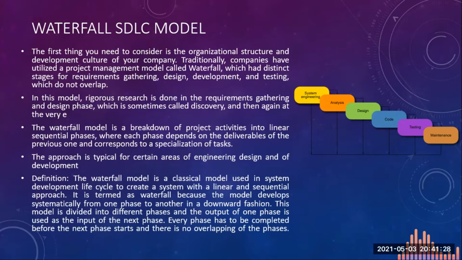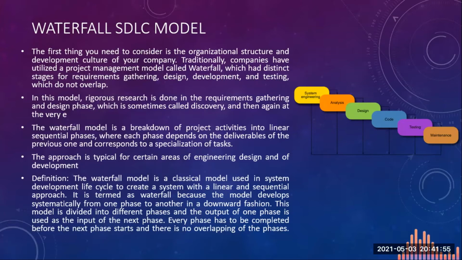In this model, rigorous research is done in the requirements gathering and design phase, which is sometimes called discovery, and then again at the very end. The waterfall model is a breakdown of project activities into linear sequential phases, where each phase depends on the deliverables of the previous one and corresponds to a specialization of tasks.